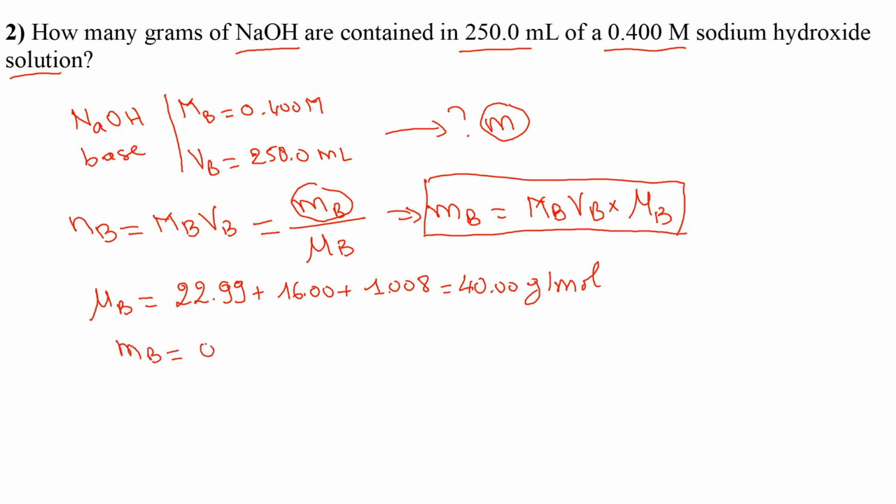The concentration is 0.400 molar. So mole per liter, we need to convert the volume in liter. So 250.0 times 10 to the power minus 3. And then multiply by the molar mass in gram per mole. And the result is 4.00 gram. Okay, so we have 3 significant figures here. We have 4. The result should have the minimal, which is 3 significant figures.